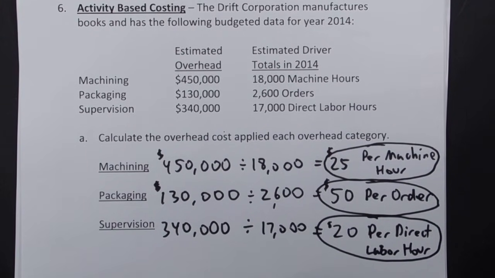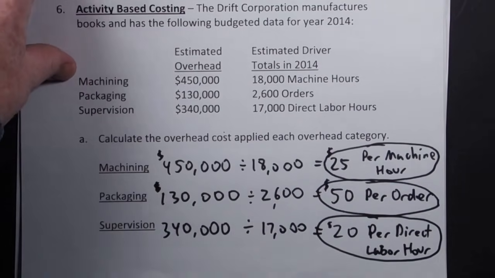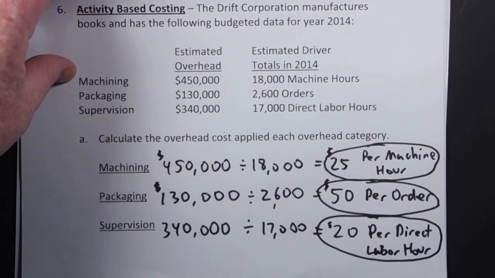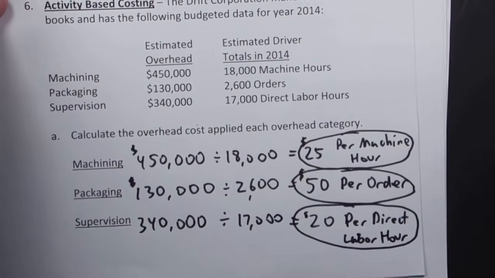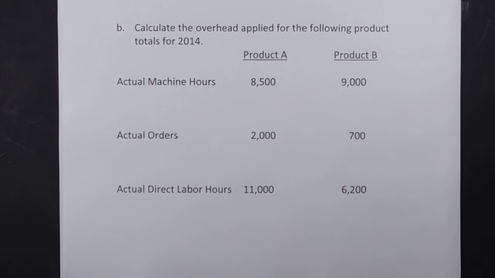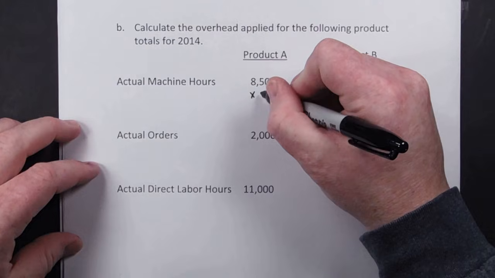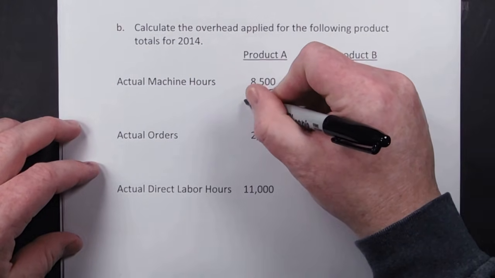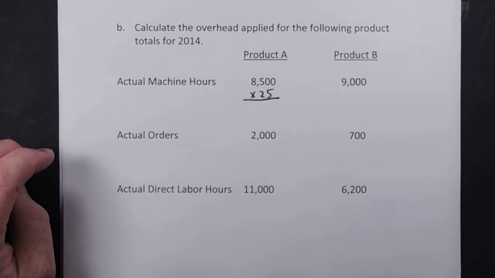Okay, so we're going to take those and apply all three of these to our two products. We're going to have product A and product B. So 8,500 times 25 is $212,500.